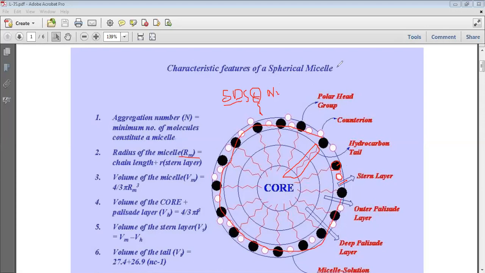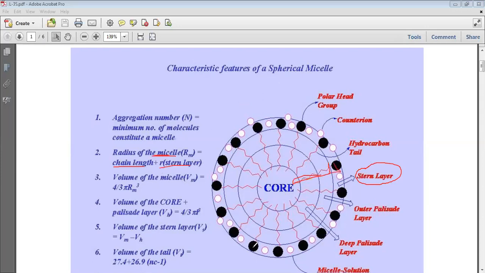This layer is simply called the Stern layer. It has been asked many times in CSIR NET also, what is the Stern layer and what is the Helmholtz layer in micelles, and what the Stern layer is made of. So you have to remember the radius of the micelle is first the chain length, that means this hydrocarbon chain length, plus the radius of the Stern layer.